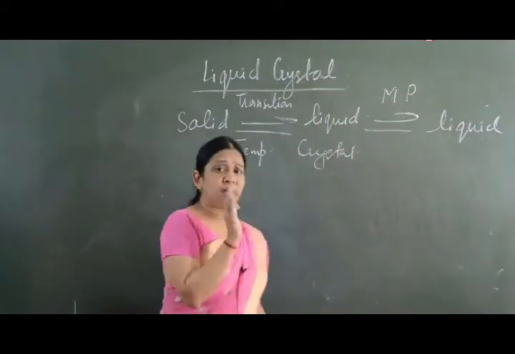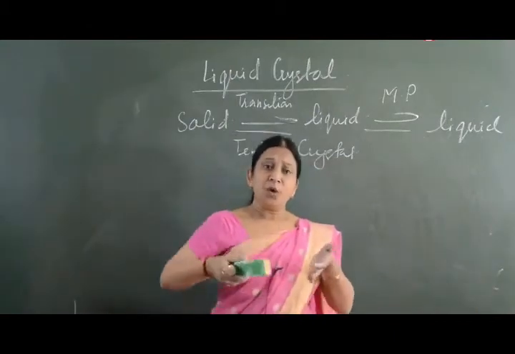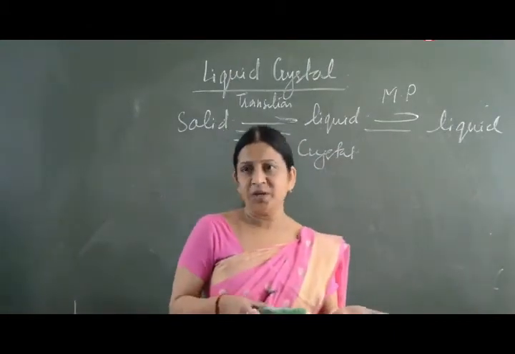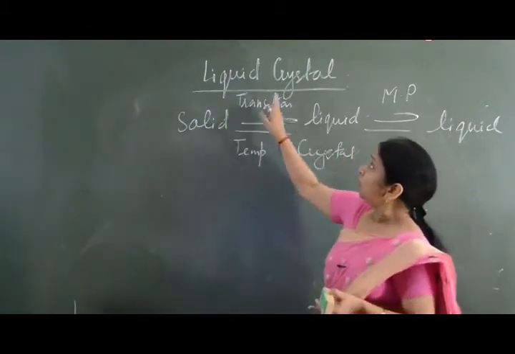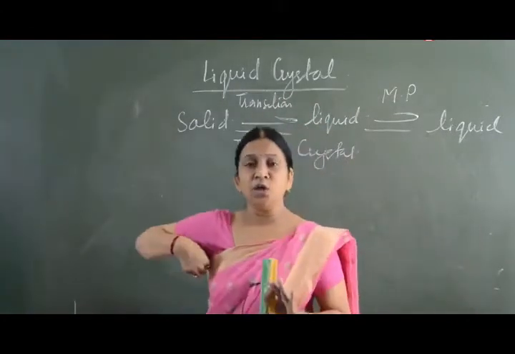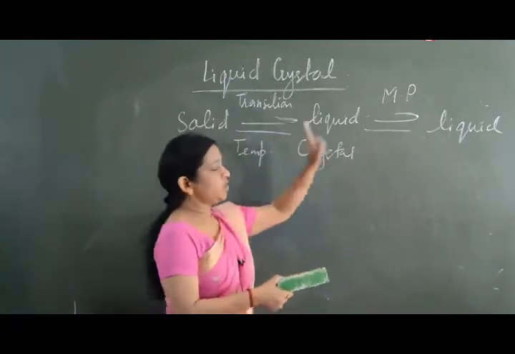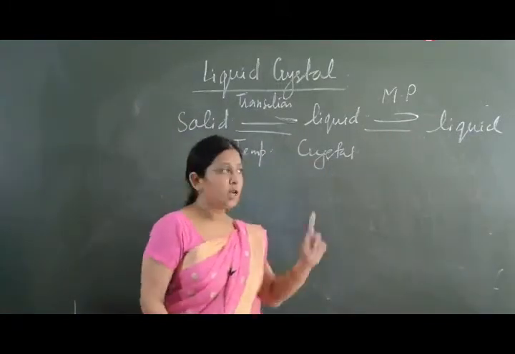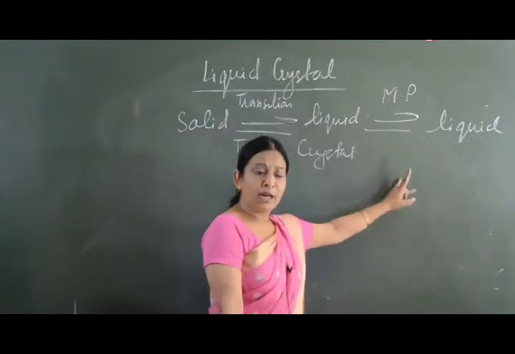So the transition temperature is a temperature where one solid is converted into another solid. This is how we can represent the liquid crystal state, which is an intermediate state between solid and liquid.